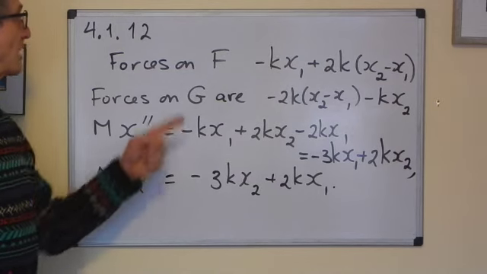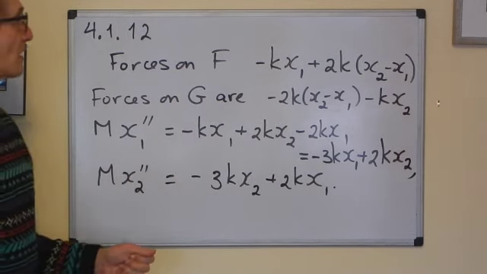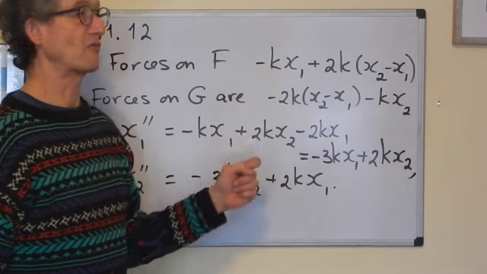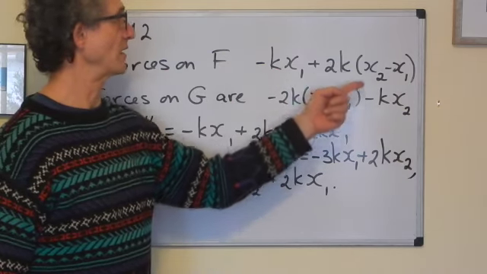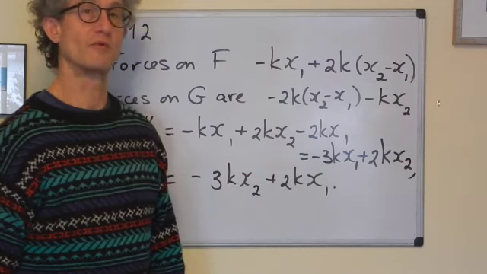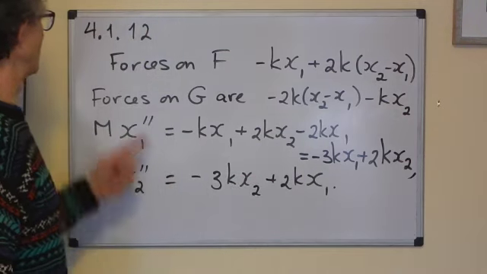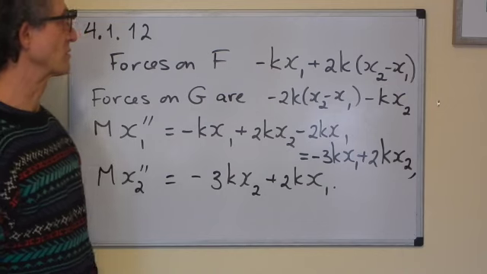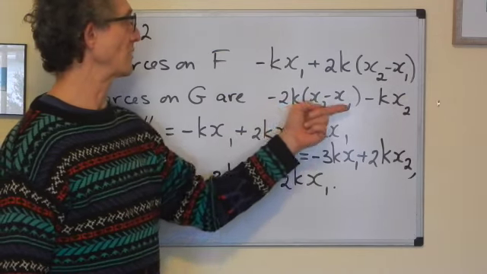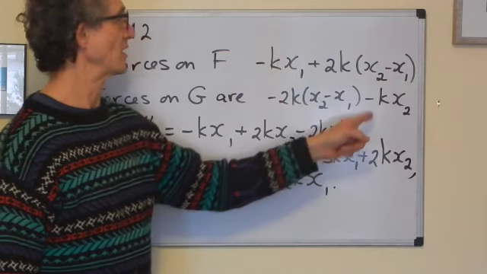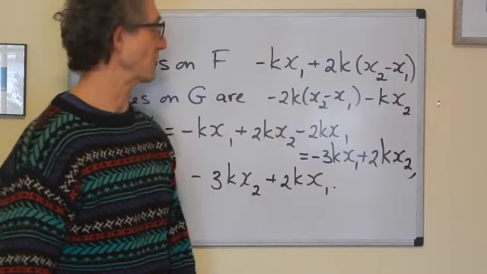The forces on the object we called F are minus kx1 from the left, and then plus 2k(x2 minus x1) from the right. The forces on the object G are minus 2k(x2 minus x1) from its left, and minus kx2 from its right.